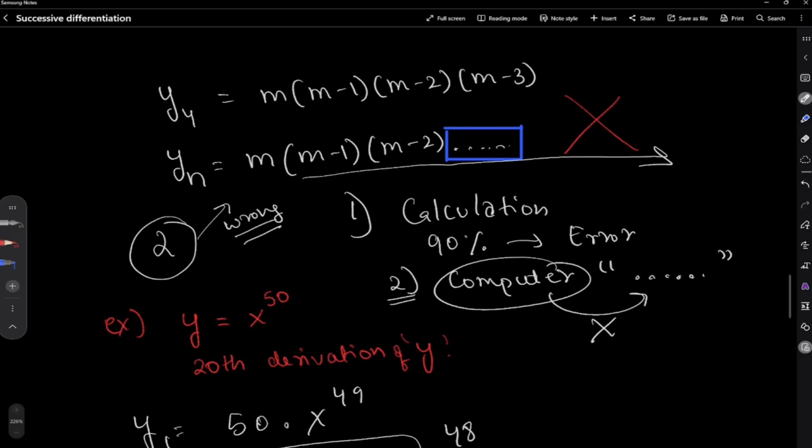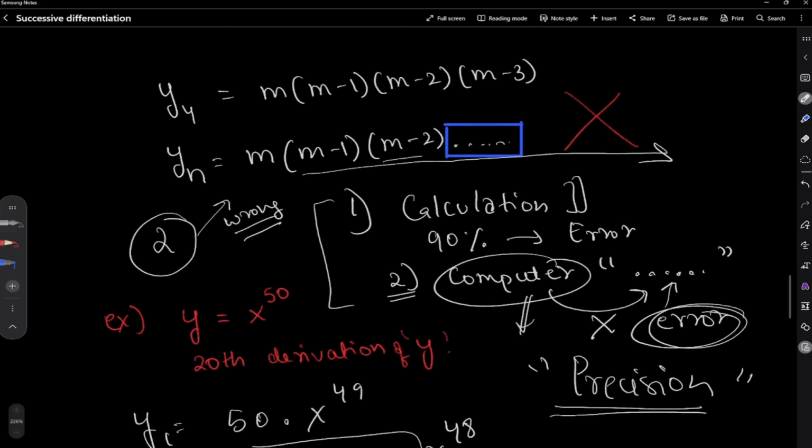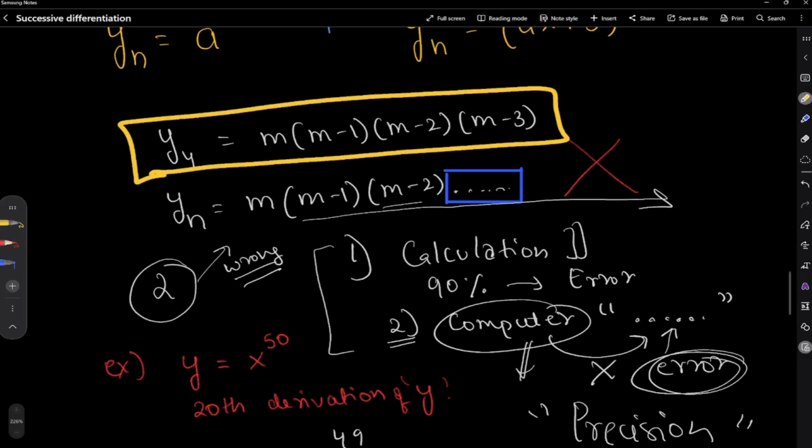So if they see dots, they're gonna give you an error, and error is no good. Computers cannot read these dots. They need precision. Computers cannot work without precision. So because of these 2 reasons, and I think the first reason is enough, we're not going to use this formula. We need a general formula for this.